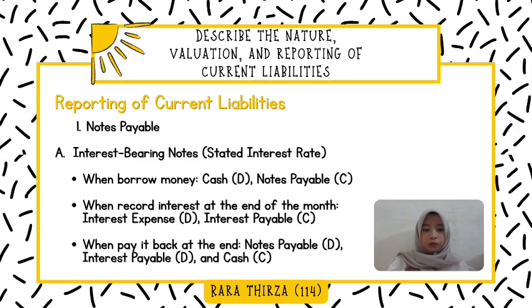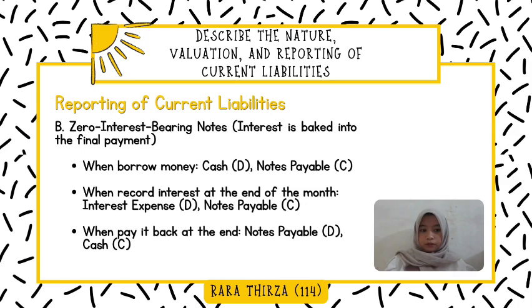When we borrow the money, we record cash as debit and notes payable as credit. Then when we record interest at the end of the month, we record interest expense in debit and interest payable in credit. Then when we pay back at the end, we record notes payable as debit, interest payable as debit, and cash as credit.